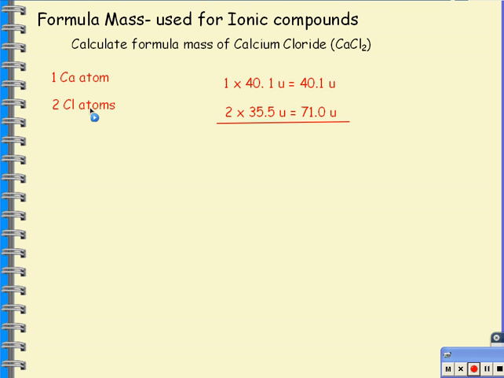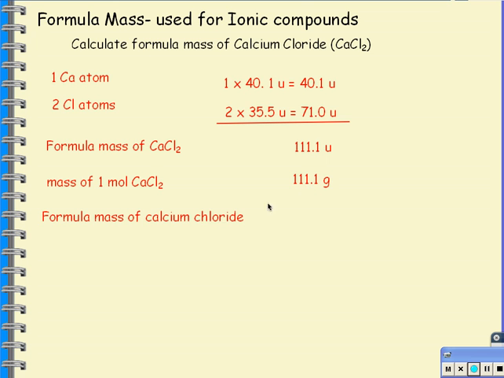Chlorine has 35.5, and we have 2 of them. So we end up with 71. So 40.1 plus 71.0 equals the formula mass, equaling 111.1. So the mass of 1 mole is 111.1 grams. Formula mass of calcium chloride, 111.1 grams per mole. Easy peasy.